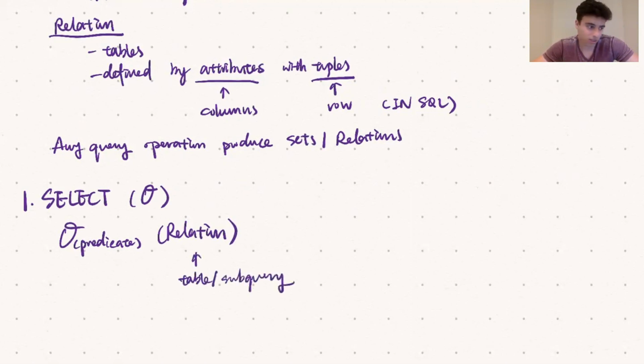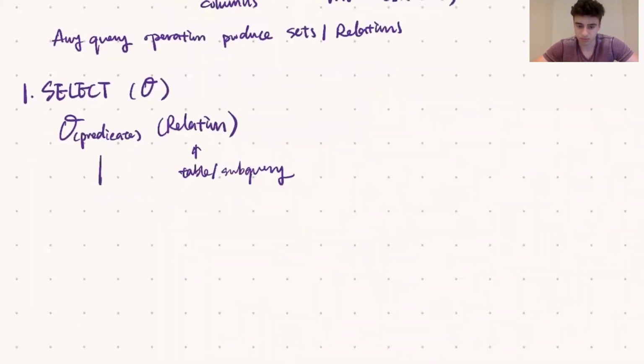Now, predicates can be simple or complex. They can be simple, such as equals, not equals, less than, greater than, all of which these simple predicates take two expressions as parameters. So it'll be an expression A is equal to an expression B, or an expression A does not equal an expression B, and so on.